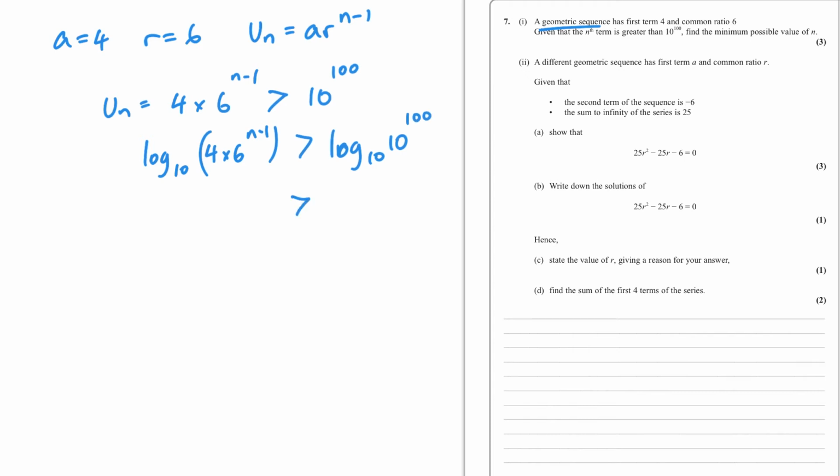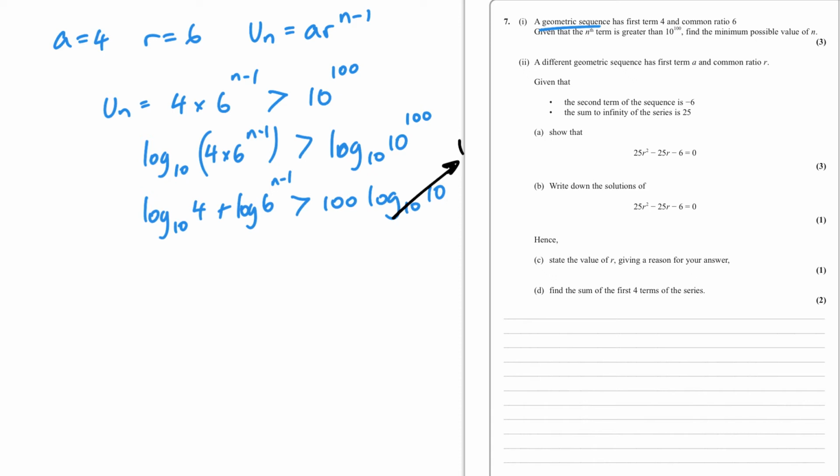And hopefully you can see where this is going. And on the left side, you think about your logs, you can split these up like so. Now, log of anything to the same base as its base, so log of 10 to the base 10, is just going to be 1.